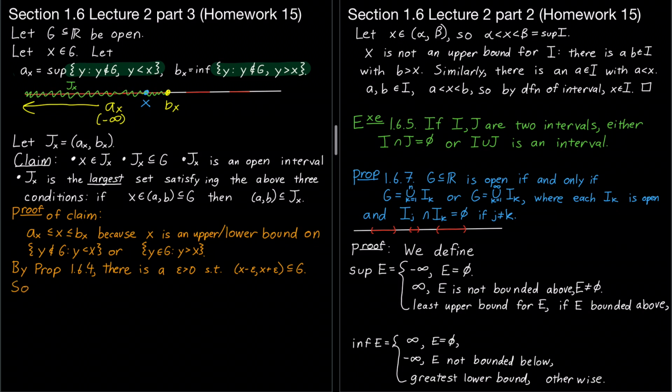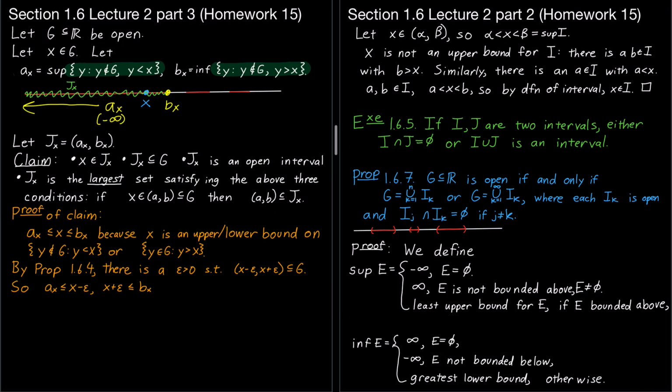So a_x can't be any bigger than x minus epsilon, and b_x can't be any smaller than x plus epsilon.